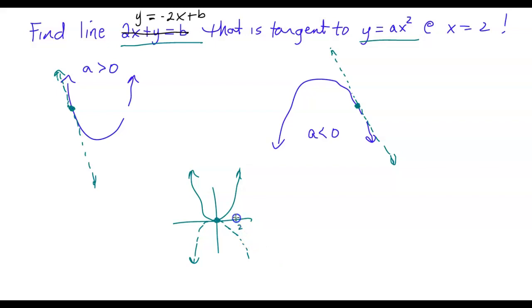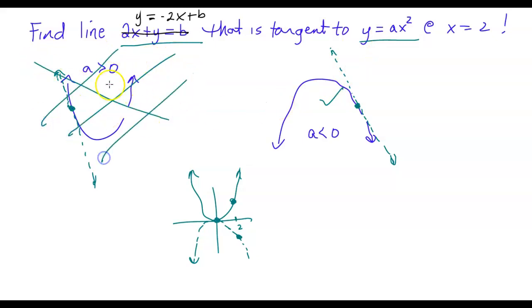And so if I'm looking at this strictly at when A is equal to 2, then I'm either looking at one of these two situations here, and if the slope of the tangent line is going to be negative, then it has to be this situation here. So because of that, I know that this is no longer being considered. Okay. So I basically have a parabola that's going to look like this. That's going to have a tangent line go through the point when x is equal to 2, like how you see here. Okay.